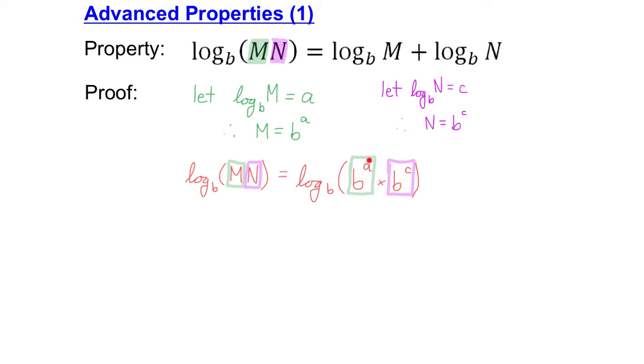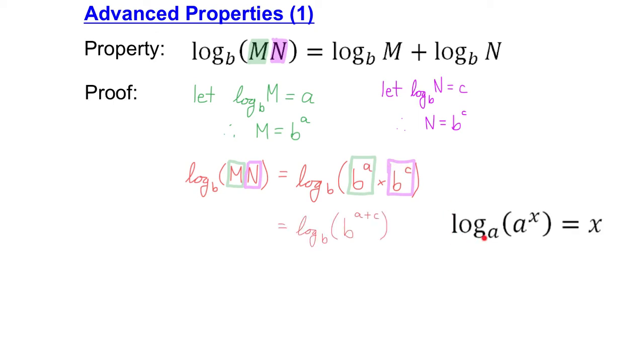Okay, so b to the exponent a times b to the exponent c. I'm multiplying powers with the same base. So if we think back to our previous unit on exponents, use the exponent laws, we can simplify this. When you multiply powers with the same base, you just add the exponents, so a plus c.